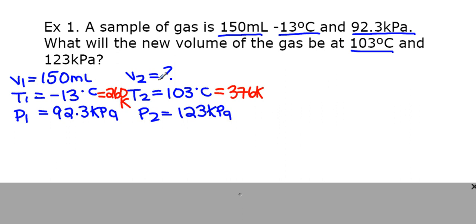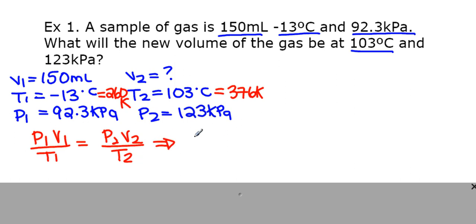If we want to rearrange our formula, we know it's P1 V1 over T1 is equal to P2 V2 over T2. Now, if you want to use that trick where you're flipping things around, put your unknown, which is going to be V2, on the left, and then have your other variables on the right.